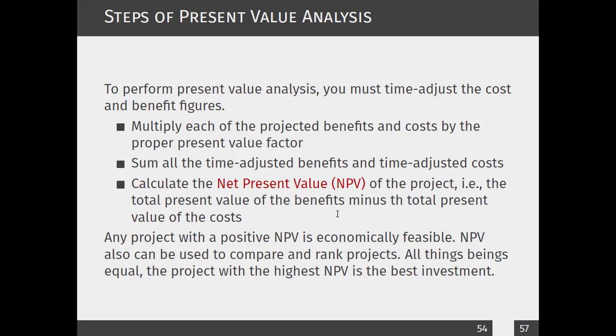The net present value is the total present value of the benefits minus the total present value of the costs. If you have a positive net present value, we can say it's economically feasible, right? So we can use this to compare and rank projects. The highest net present value should be our best investment.